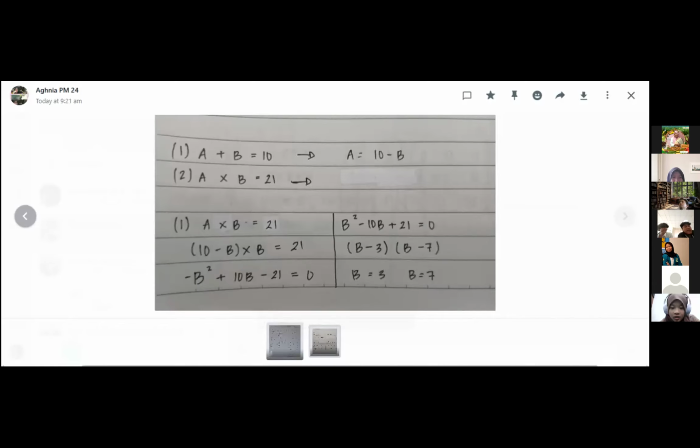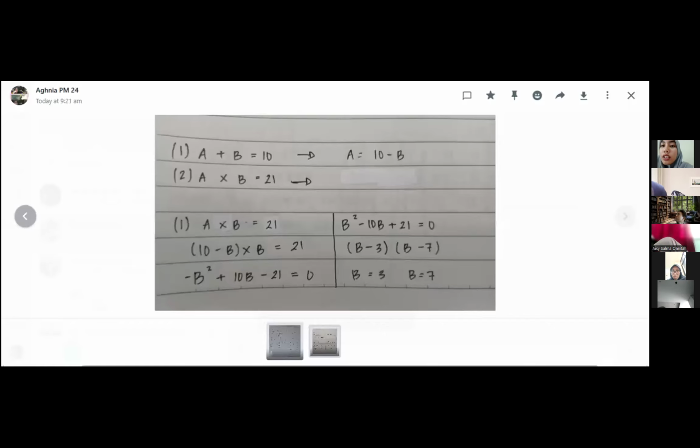Then b squared minus 10b plus 21 equals 0.